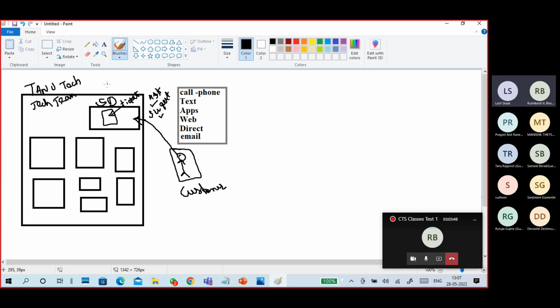Their team is available in the organization. They'll send it to the appropriate technical team, the team the issue belongs to. The team person either solves it from their place or comes to your location and tries to solve it.